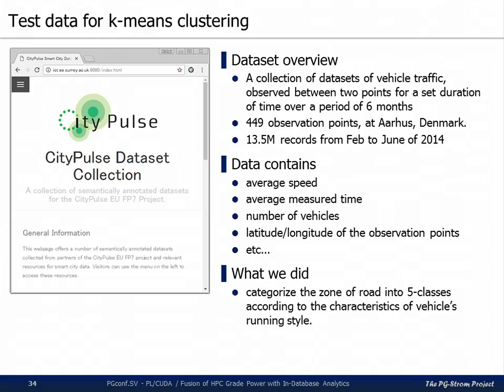That is a collection of datasets for the number of cars and average speed of cars at the observation points. There are 449 observation points here.